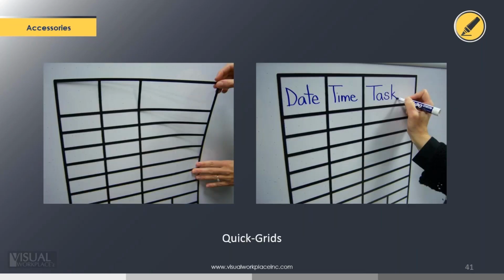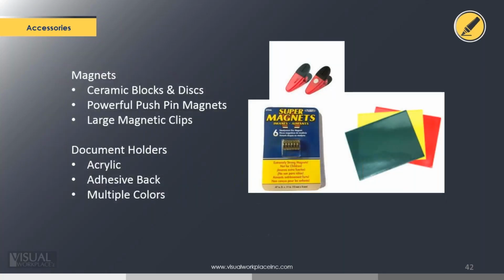These are magnetic and non-magnetic versions, and they stick right to your existing dry erase boards, but they're quick and dirty. You can add your own text, but they have some cells that are pre-designed. You can make them larger, can't make them smaller, but might be a quick option for you. And then we've got a whole series of magnets and document holders and other accessories that will support whatever you're trying to do to display your information.